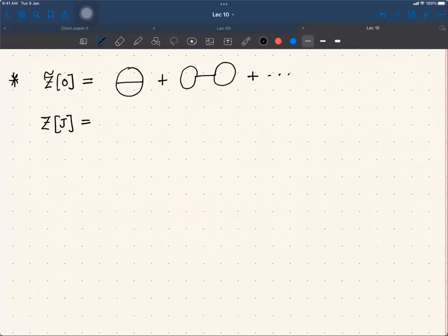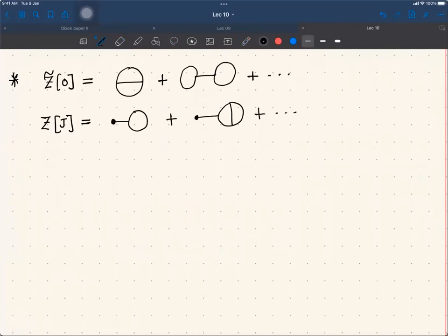The linear in J terms we had discussed earlier, there is no way you can have a tree-level diagram which is linear in J. So you start with a loop diagram like this. And then this is order G, and then you have order G cube, this term, and so on.